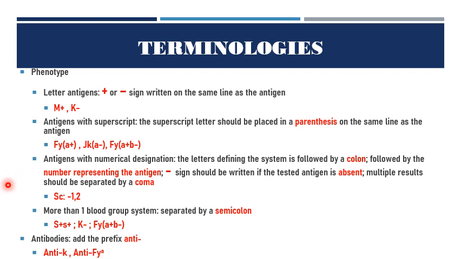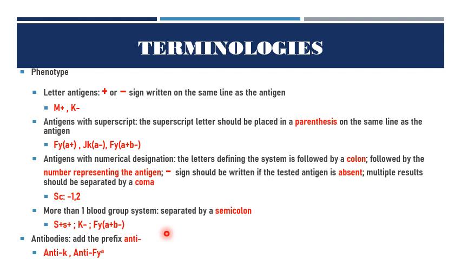For example, this one, SC colon, -1 because it is absent, then comma, and then 2. If there is more than one blood group system, it should be separated by a semicolon. For example, S positive, s positive, semicolon, K negative, semicolon, Fy(a+b-).